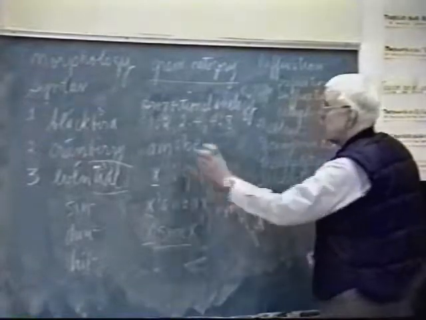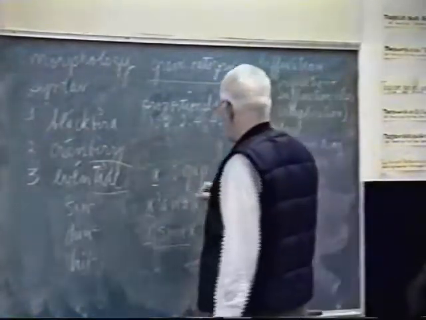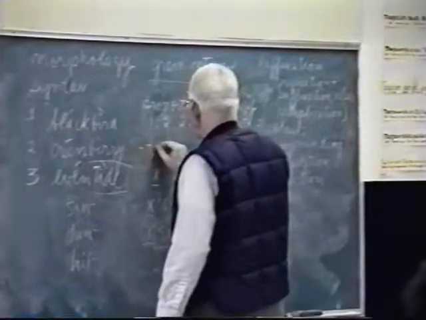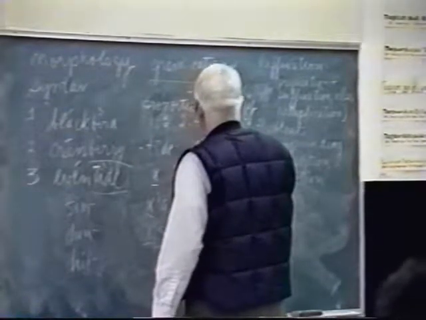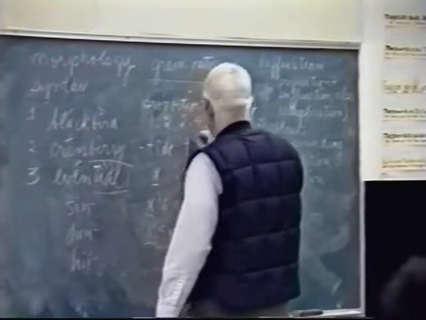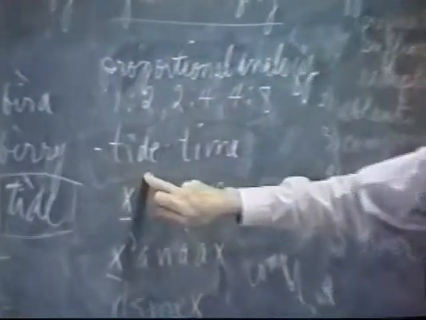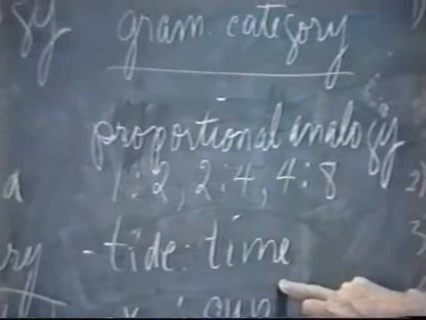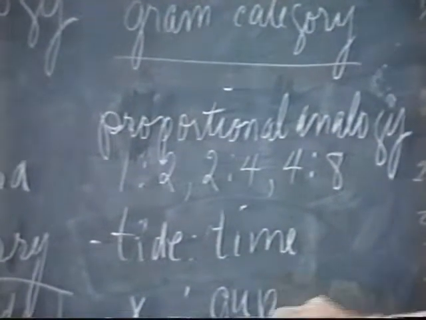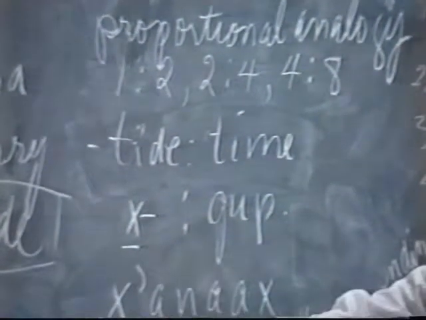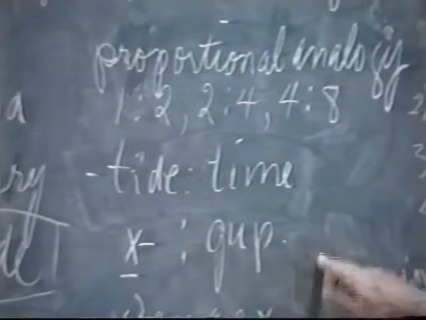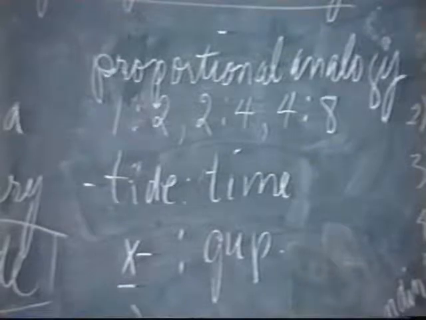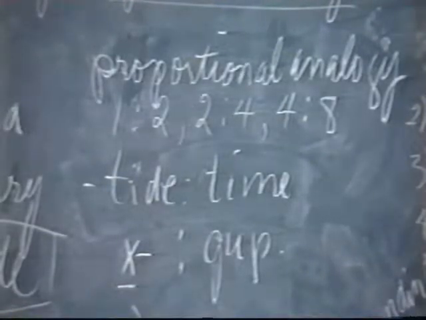So perhaps a better way of doing it is to say, here's the better analogy. Tide is to the independent word time as ch in chanash is to the independent word goop in Somalia. That's the best way of using things.